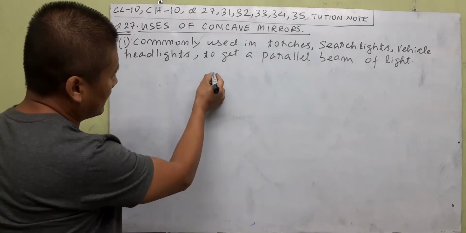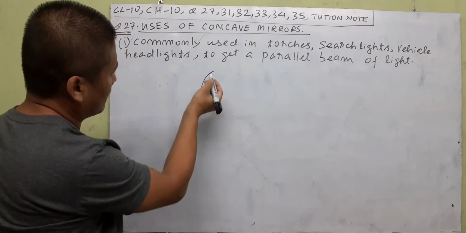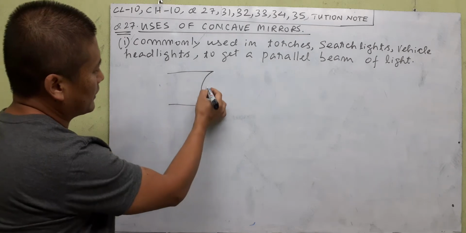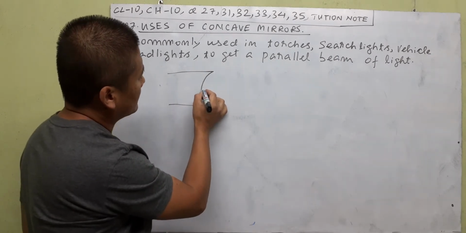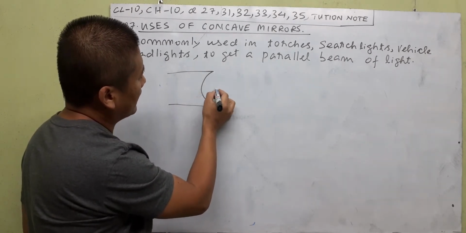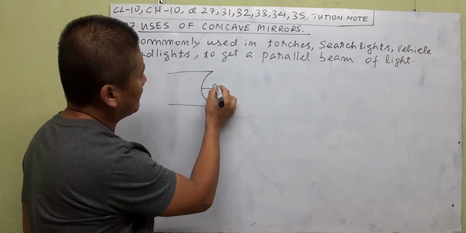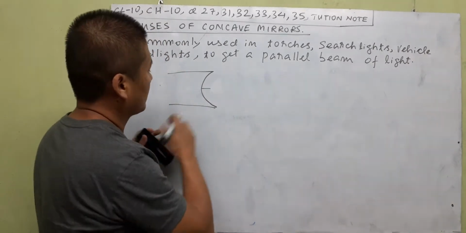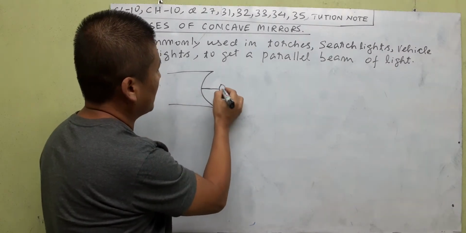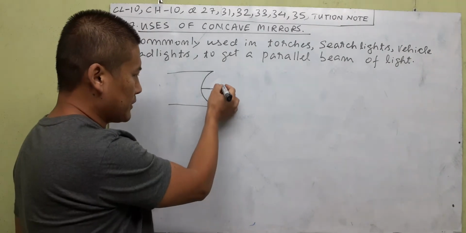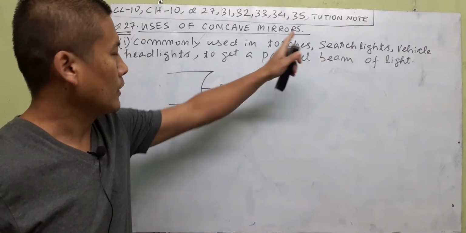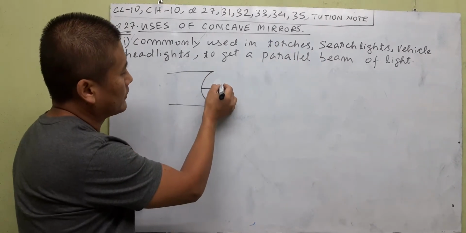So this is the searchlight of the car, or even a torch or whatever. The bulb is somewhere here, like the light bulb, let us say. What happens is that as we switch on the vehicle headlight or the searchlight or the torch, the light rays would diverge like this.